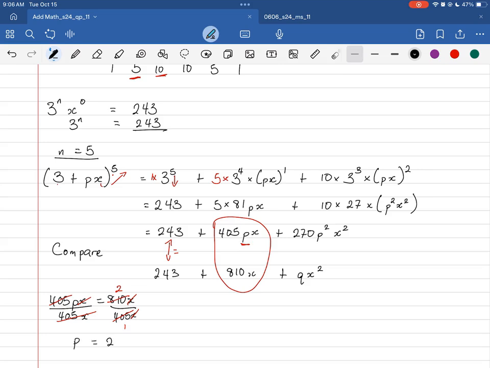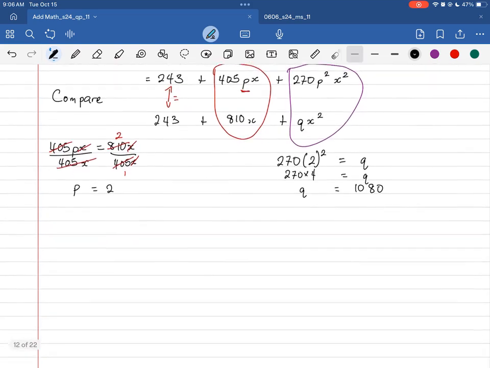Now with this p equals 2, you can solve for this last term. Again, you don't need to include your x squared because your x squared is always going to cancel out. So you have 270 p squared, which is 2 squared, equals q. So 2 squared is 4, so 270 times 4 equals q. So q is 1080.